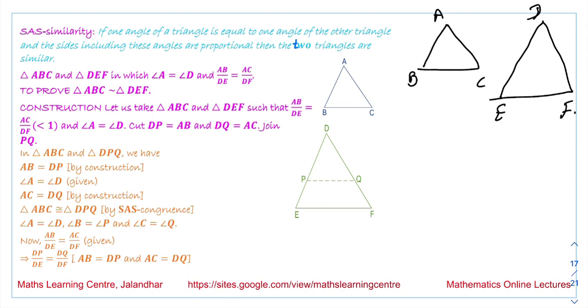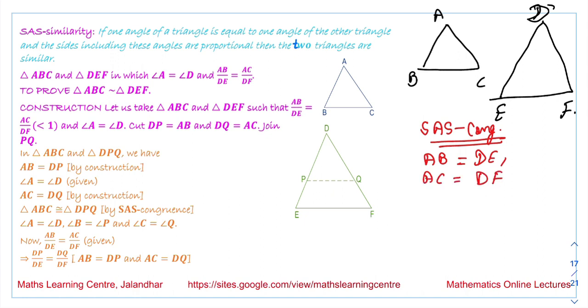When we were talking about the SAS congruence criteria, we are saying that the side AB is equal to DE, the side AC is equal to DF, and angle at A is equal to angle at D. This is for the congruence. Now we are talking about the SAS similarity.